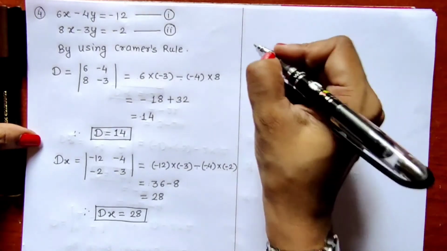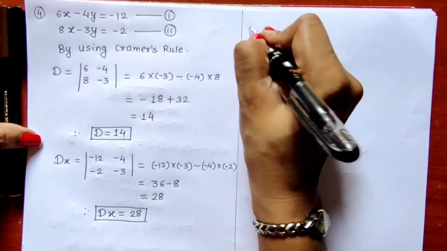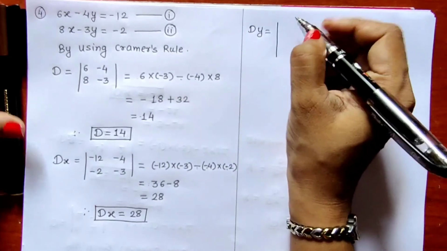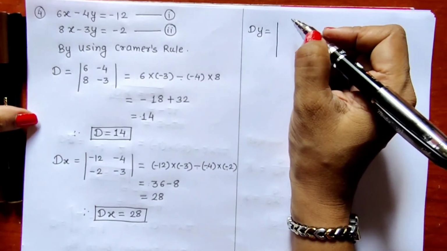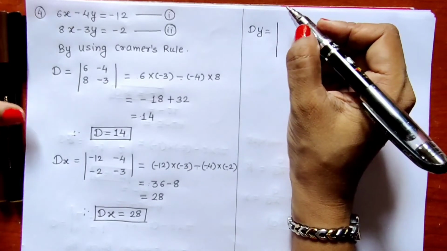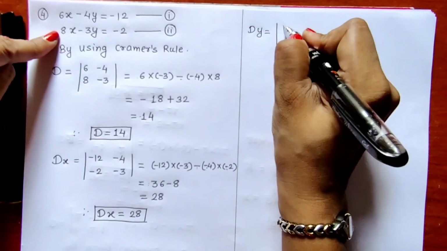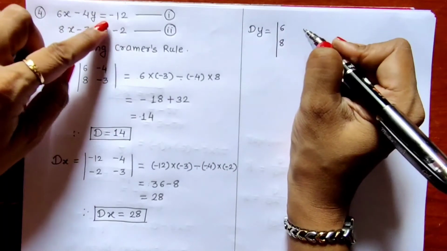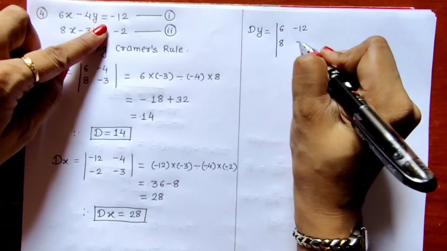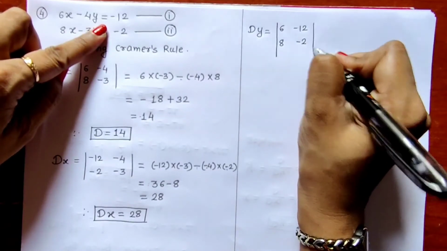Now let us find out dy. dy is equal to, first we write a1 a2, that means what? Coefficient of x 6 8. Then we write constant terms -12 -2.